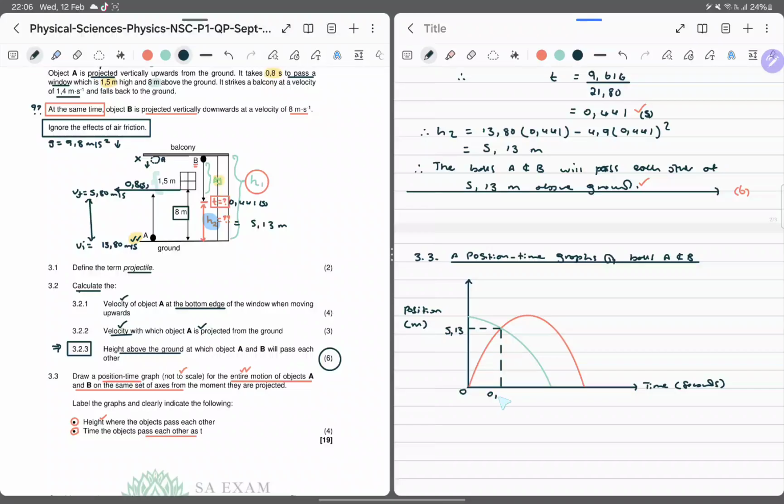So this is 0.44 seconds effectively. Okay, because this was an intermediate answer, but when it is the final answer, we can round off to 2 decimal places. It's safe. So we just need to label that this is for ball B, this is for ball A. So I think we are done here.